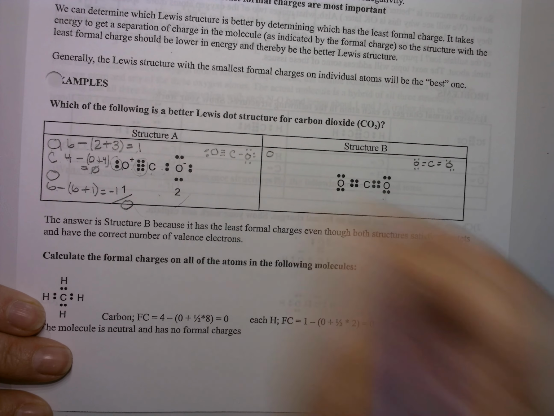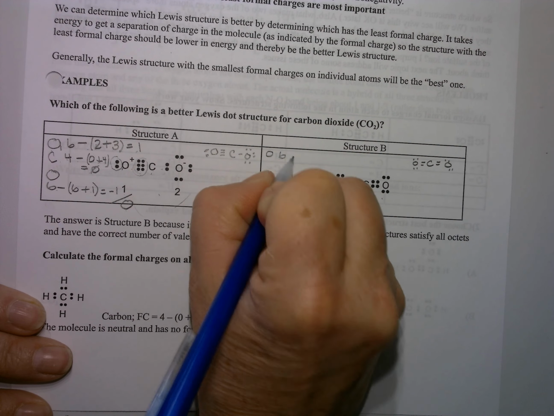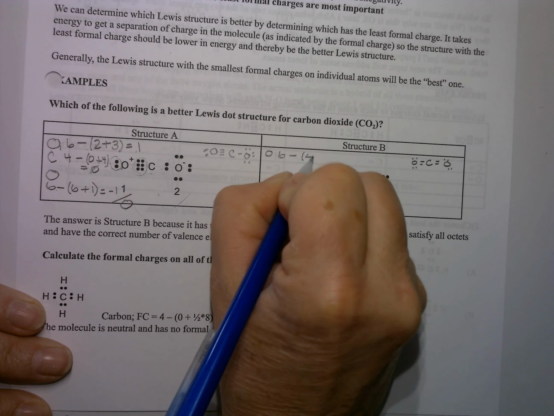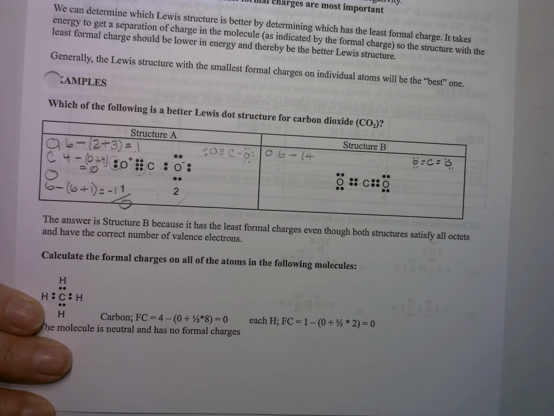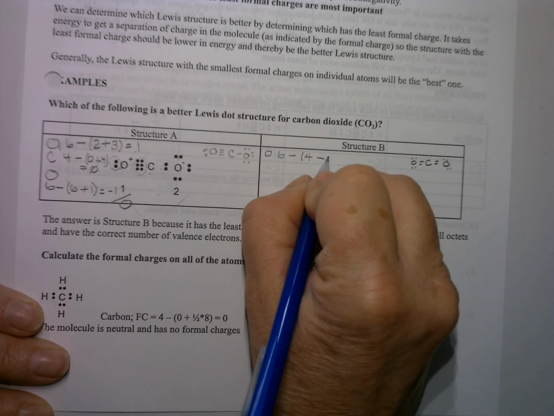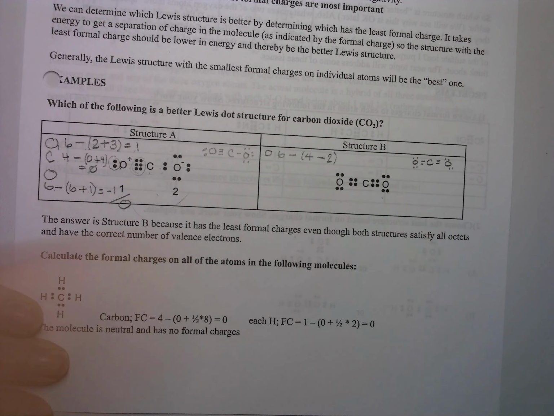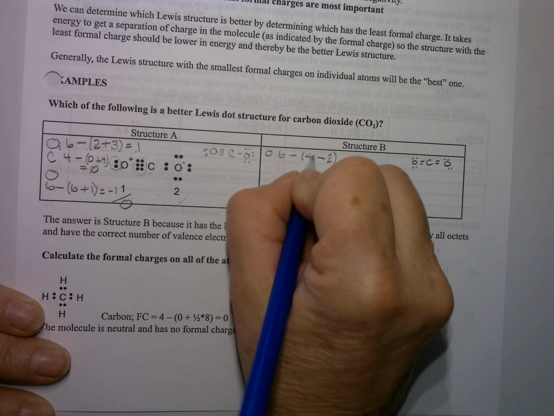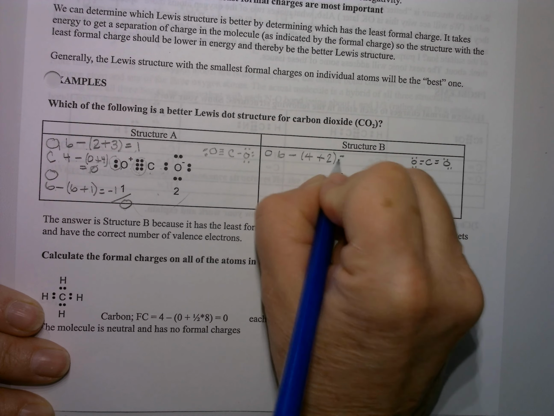The first oxygen is 6 minus 1, 2. So that's 4 unbonded. Minus, there's 4 bonded, so 2. Oh, sorry, plus 2. So that's 0.